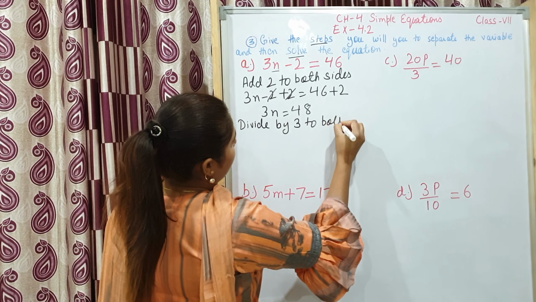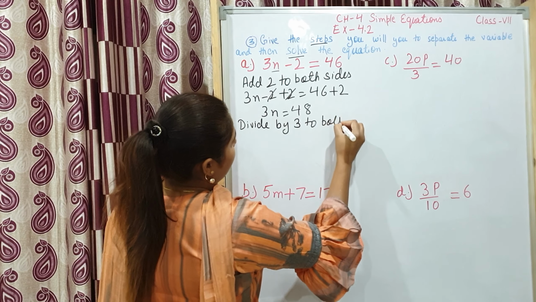Whatever we are doing on the left hand side, the same we have to do on the right hand side also. 4 cancel out. Now 3P, 6 into 4 is 24. Now 3 and P both are multiplying with each other, but we will do the division. Now divide by 3 to both sides.